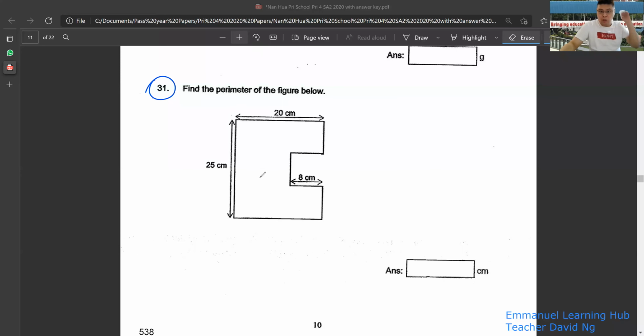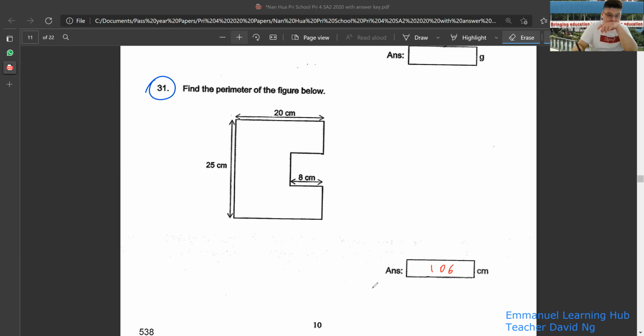Okay, now we're going to take a look at this question. They ask to find the perimeter of the figure. You managed to find 106? I did find it, but I calculated wrongly. I calculated 105, not 106.